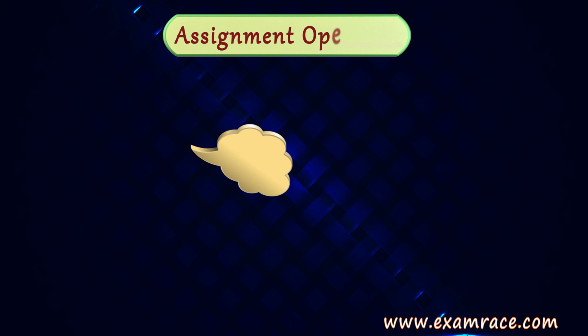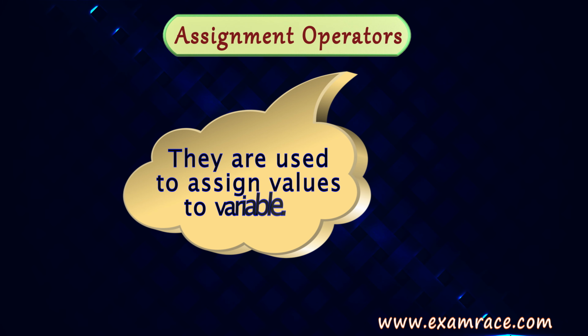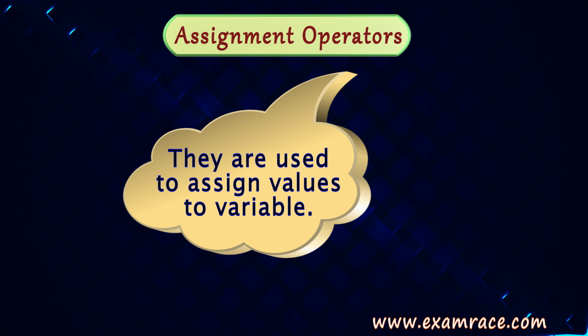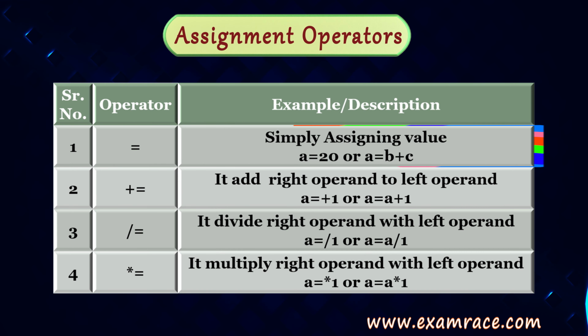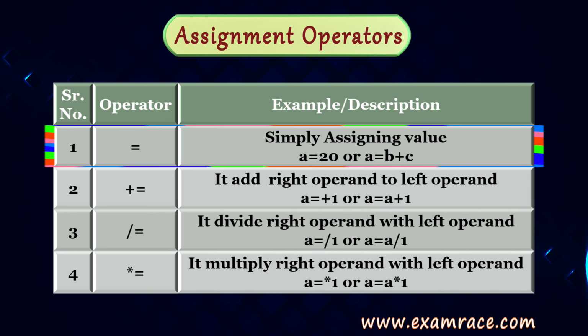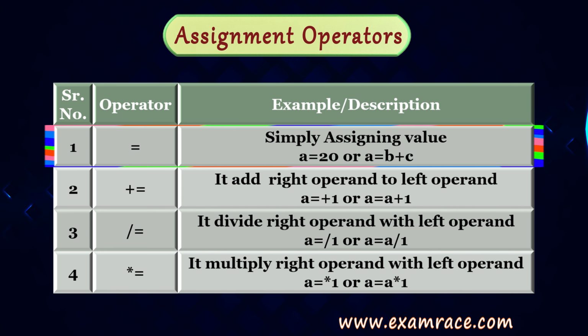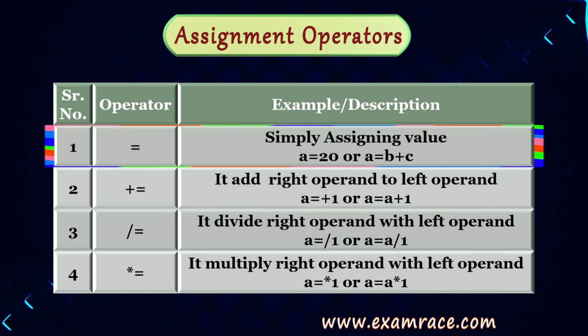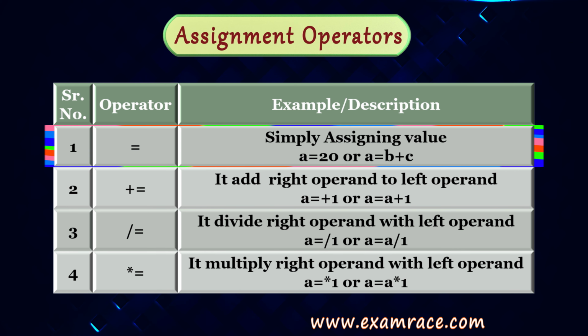So next we are having assignment operators. We are having four types of assignment operators, like equal to, just for assigning the value, like a is equal to 20 or 30. The 20 value will be just shifted to the a. So if we don't want to give any particular constant value, we can give the calculations also in the form of statement or instructions, like a is equal to b plus c.